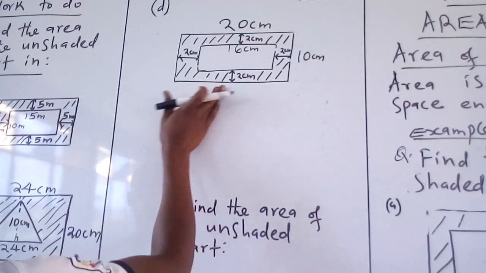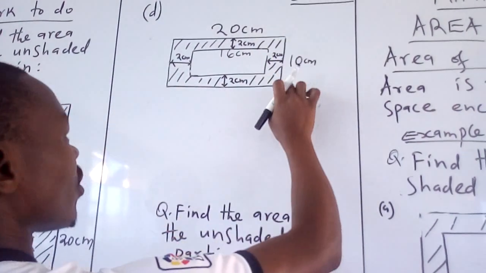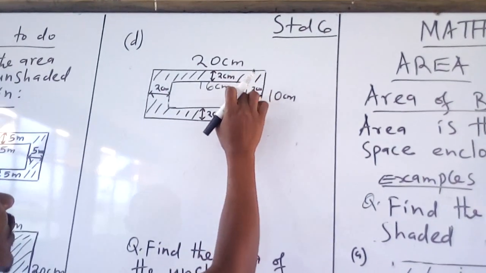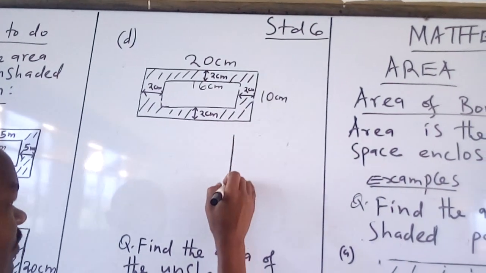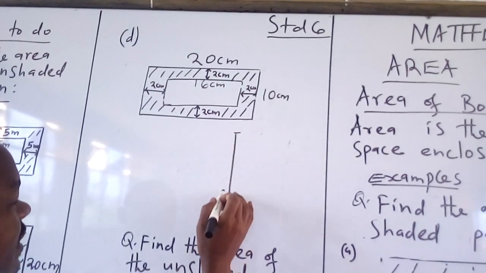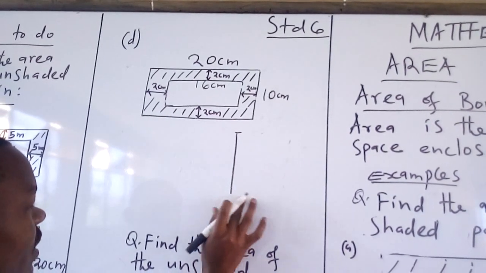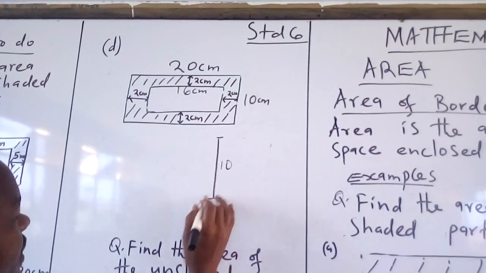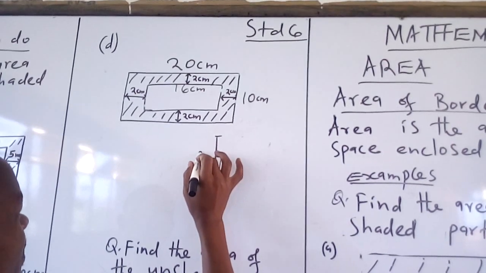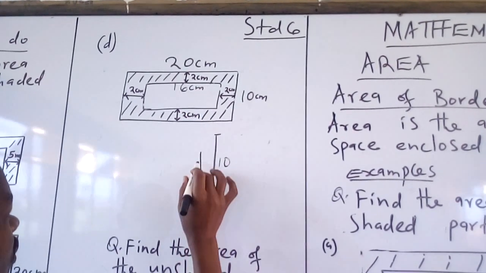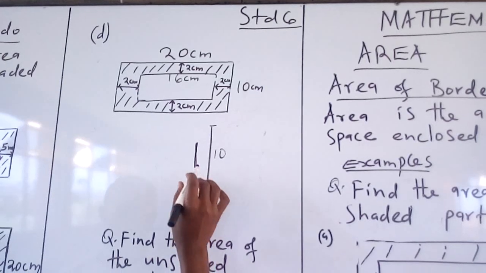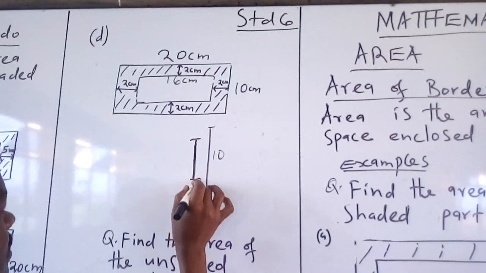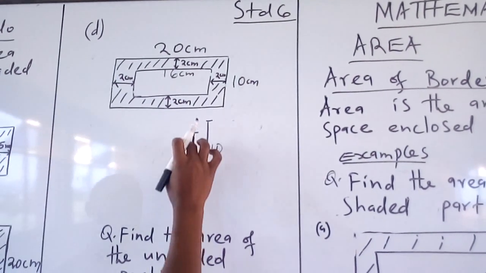Now, we've been given the width of the bigger rectangle, which is 10. We've not been given the width of this one. Assuming this is the width of the bigger rectangle, and this from here to here is the width of the inner rectangle, how are we going to find it?